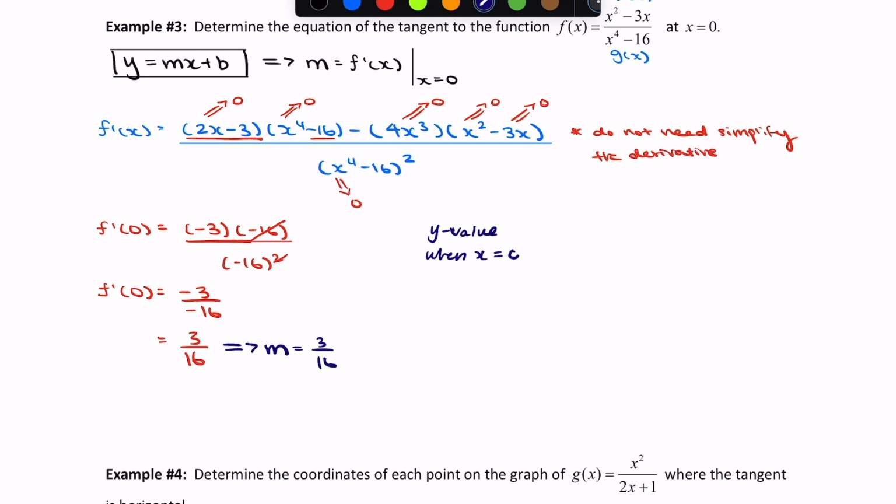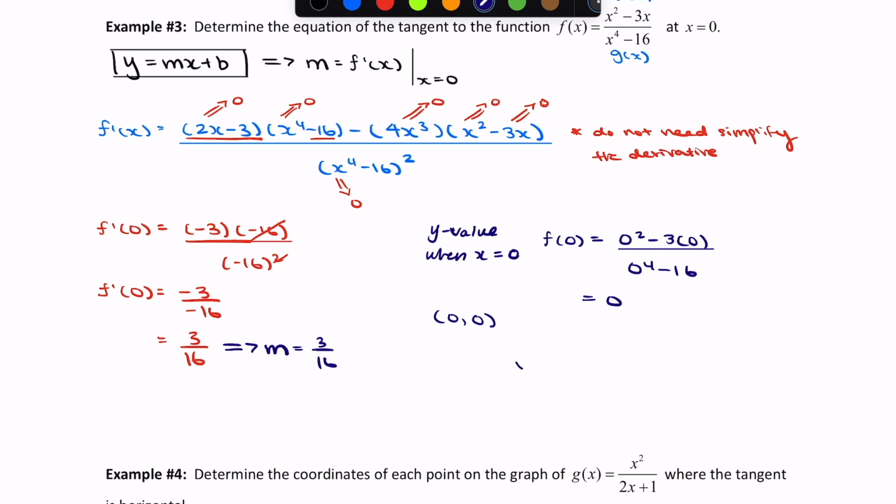So here we have f of 0 is equal to 0 squared minus 3 times 0 over 0 to the power 4 minus 16. So here we have 0 over negative 16, which is equal to 0. So our point that we can sub in is (0, 0).